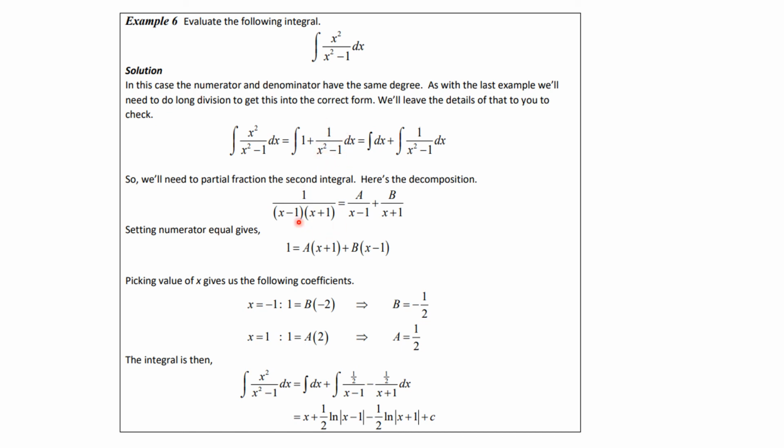Now that factors into x minus 1 times x plus 1, and you can use Heaviside on this, and you will conclude that b is minus 1/2 and a is 1/2. So that says this integral is this part of it, and notice that we're integrating the 1, and that's going to give us the x, and this is the rest of our answers.